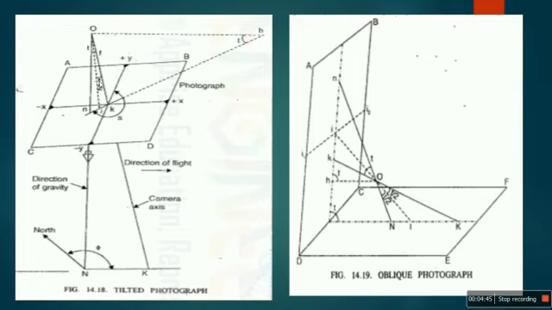This total angle is the tilt. Bisect this tilt by drawing a dotted line like this. Then this line meets the photograph plane, and this point is called the isocenter. The OI is the bisector of the tilt. This point I is called the isocenter.